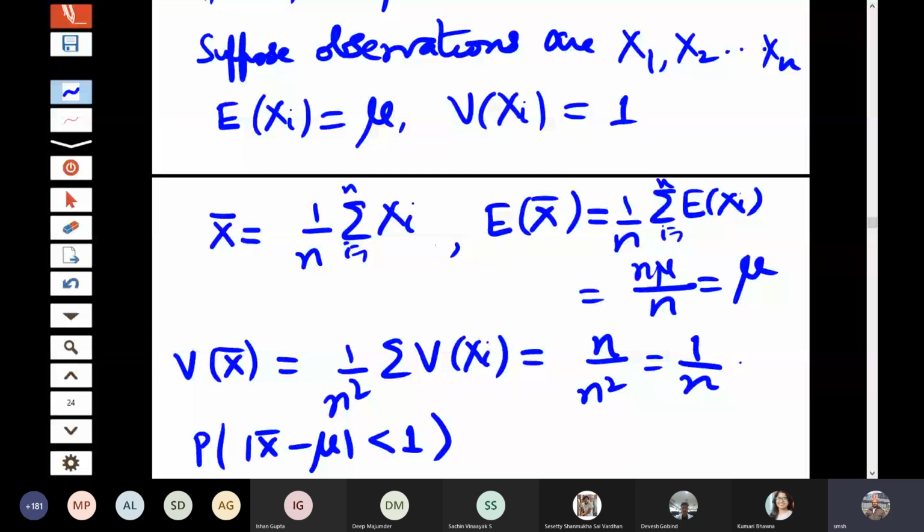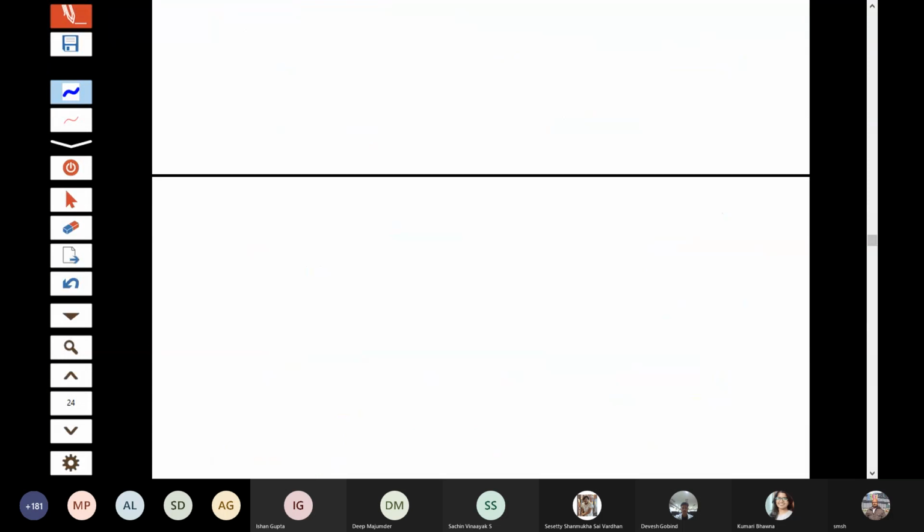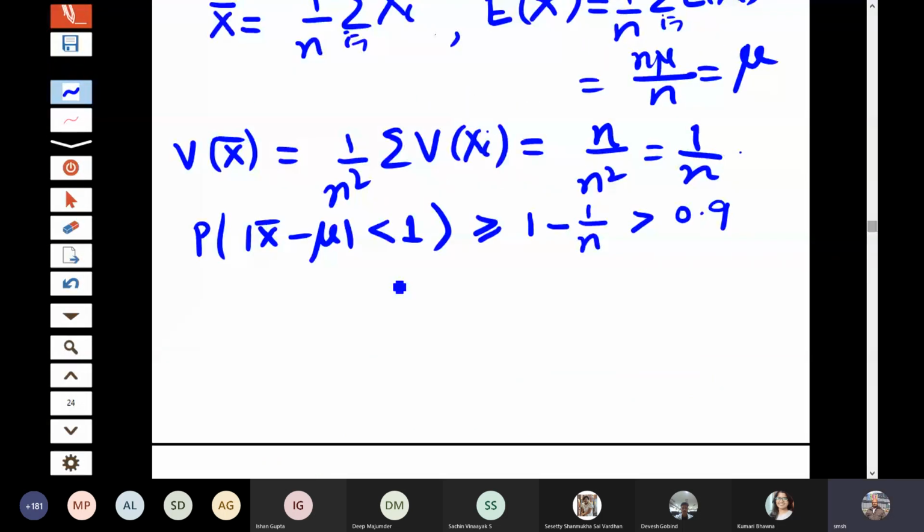So according to this result, the probability is greater than or equal to 1 minus sigma square by k square, that is 1 minus 1 by n. And we want it to be greater than 0.9. So this will give me n is greater than 10.